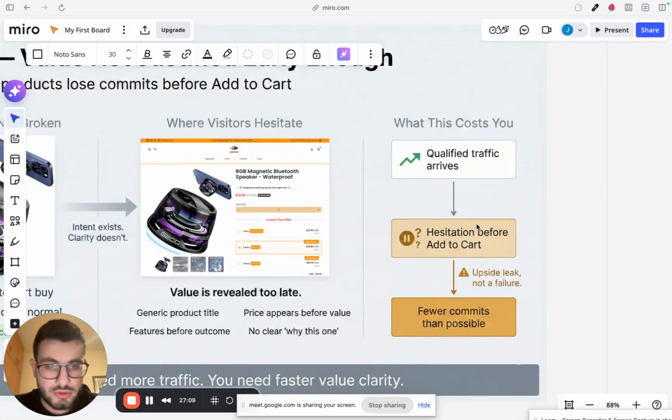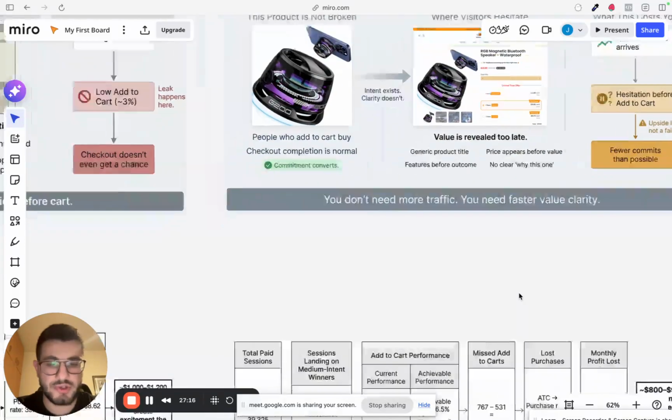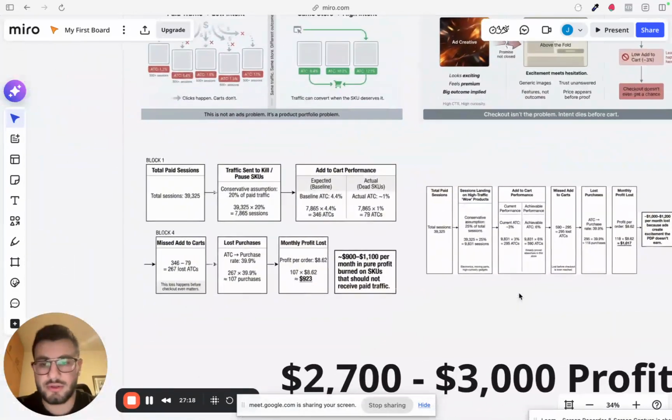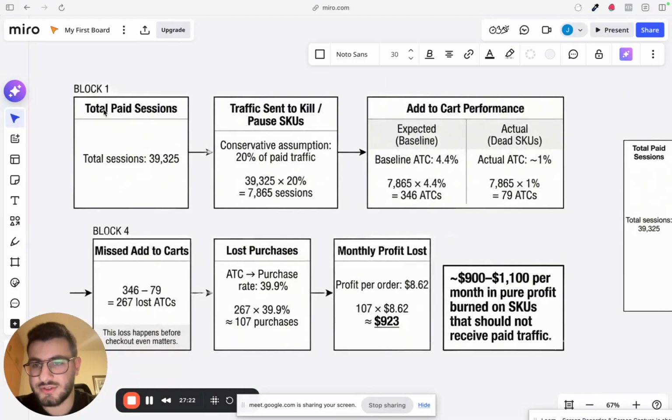Finally, what this costs you: the qualified traffic arrives, they hesitate, no add to cart, we already talked about this, fewer commits than possible. Now, what this is costing you, here is the fun math. I like this. So total paid sessions are 39K. Traffic sent to kill slash pause SKU.